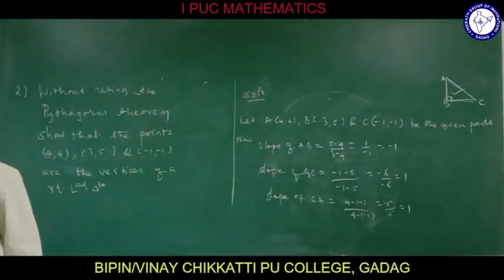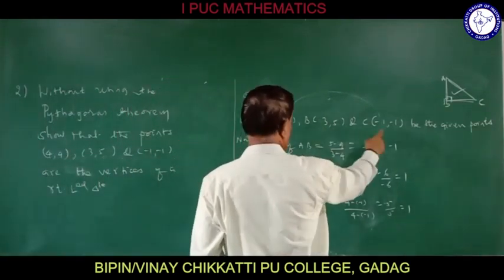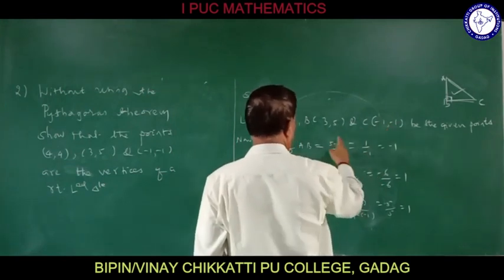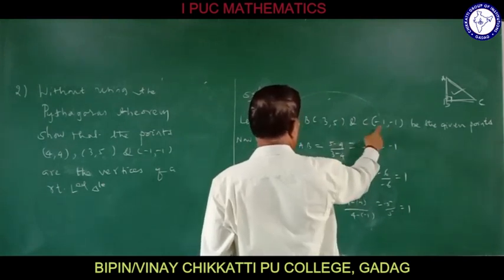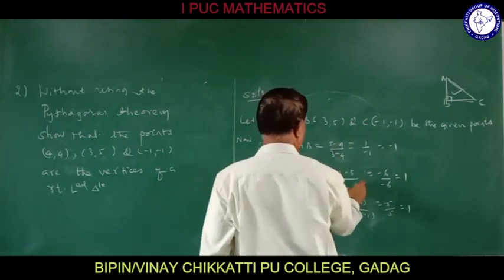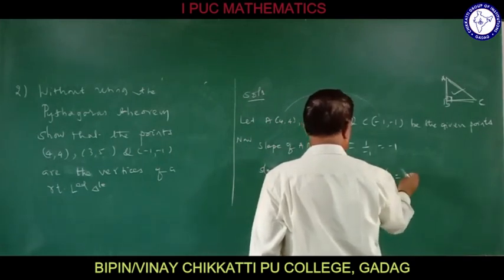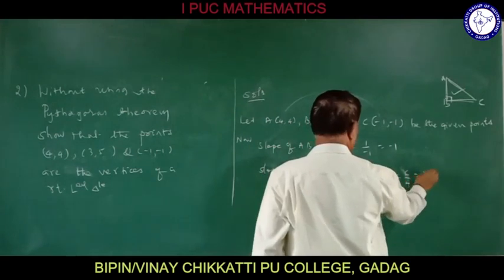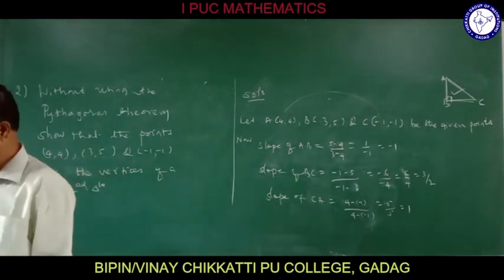Taking the slope of BC, y2 minus y1 divided by x2 minus x1, we get -1 minus 5 divided by -1 minus 3, which is -6 by -4. This is 3 by 2, and the slope you have got is 3 by 2.